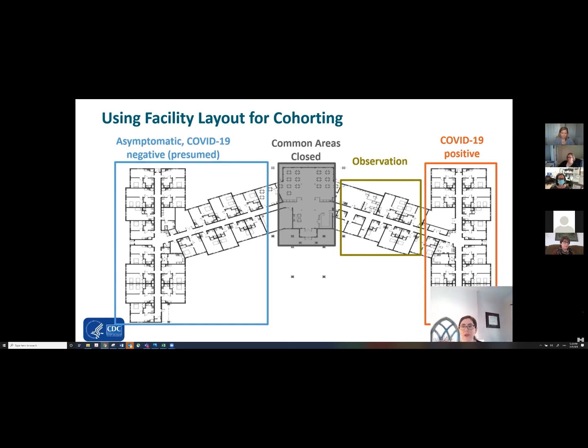They were able to dedicate an entire wing of the building to individuals who are COVID-19 positive. And they were actually able to dedicate a smaller area separate from the COVID-19 unit where they brought in new admissions and readmissions. And then the rest of the facility was pretty much dedicated to those who were presumed to be COVID-19 negative.